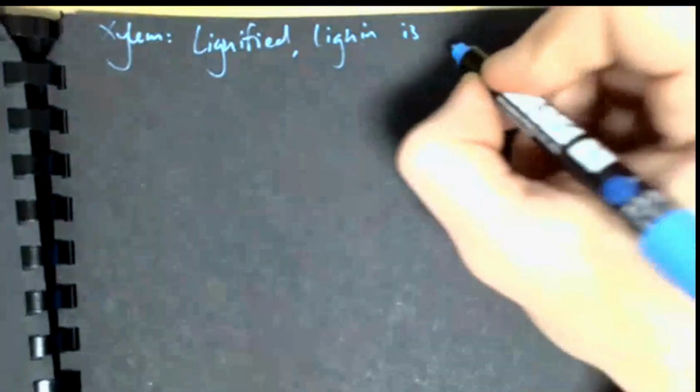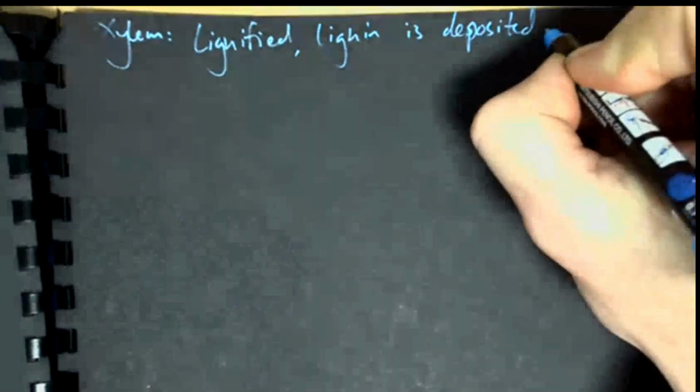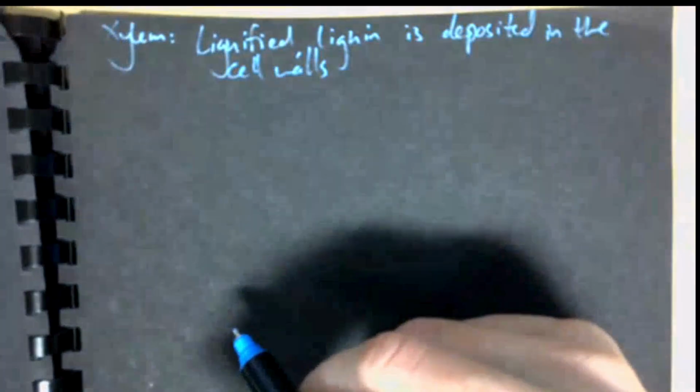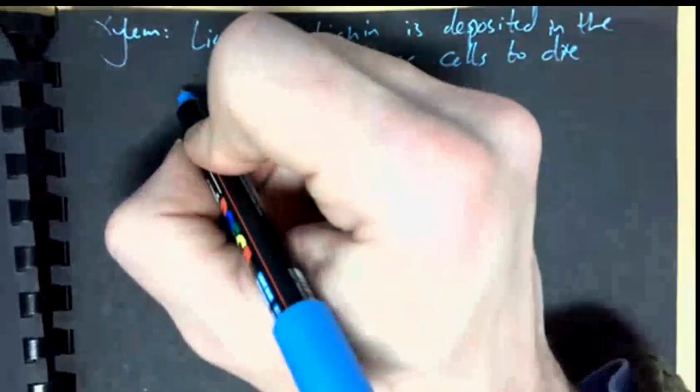And what this means is lignin is deposited in the cell walls, and it actually causes the cells to die. These lignified cells become hollow.